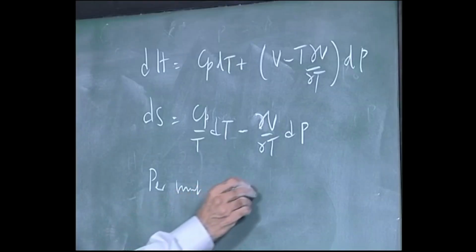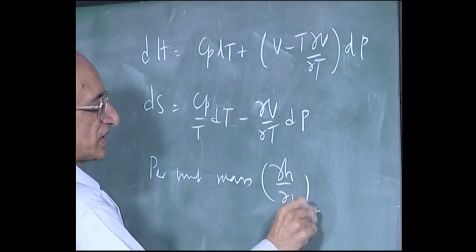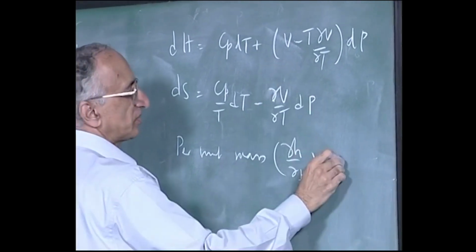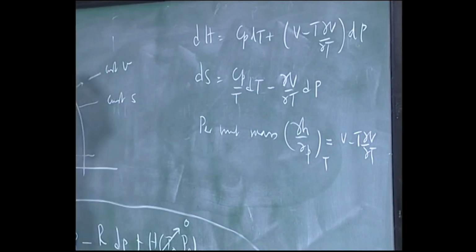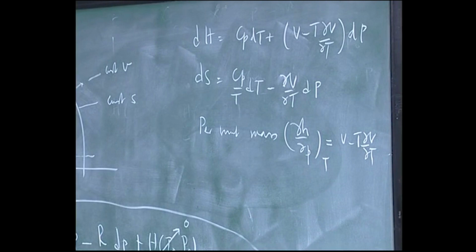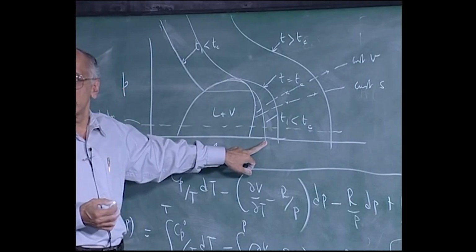So if I do this, I get partial of H with respect to P at constant T would be simply V minus T dou V by dou T. So if you look at the isotherms, at very high pressure they will have low value, but the interesting thing is at low pressure dou H by dou P is 0, or dou P by dou H is infinity.